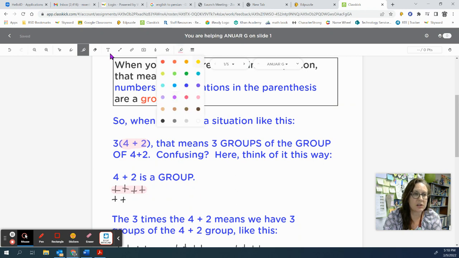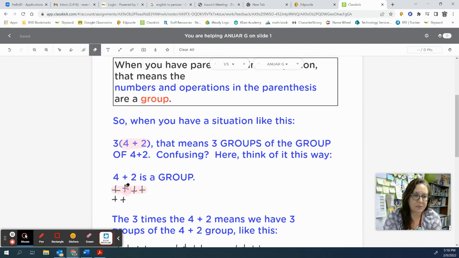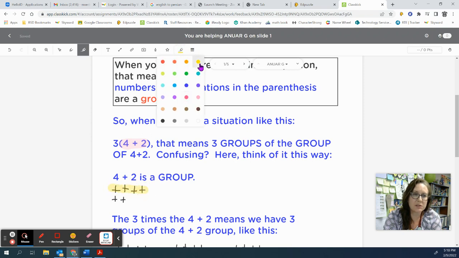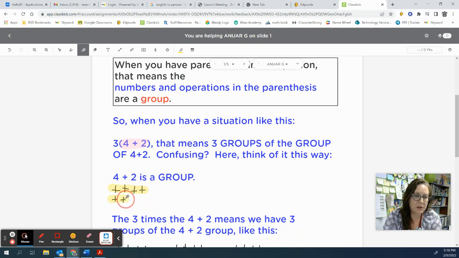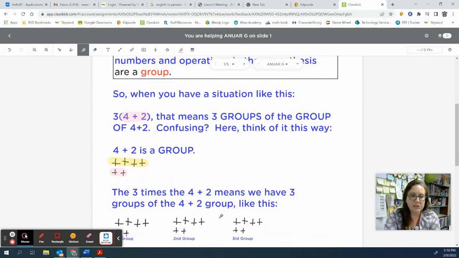I'm actually going to switch the color here. We have 4 is a group, and 2 is part of that same group. So ultimately, the group is 6, right? Will you please cooperate with me? All right, so we've got 4 and 2. So the 3 times the 4 plus 2 means that we have 3 groups of the 4 plus 2 group.